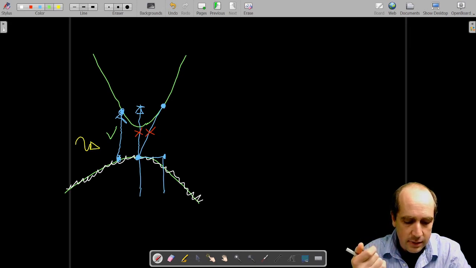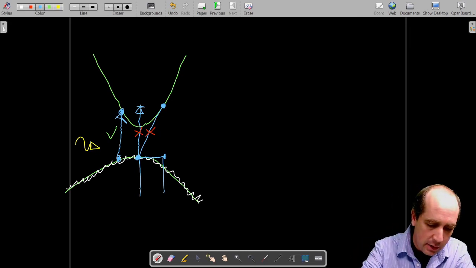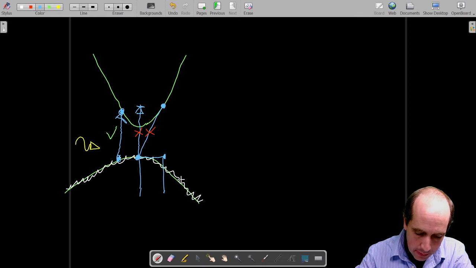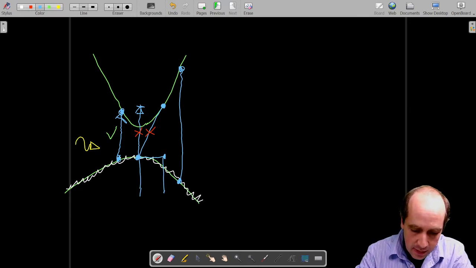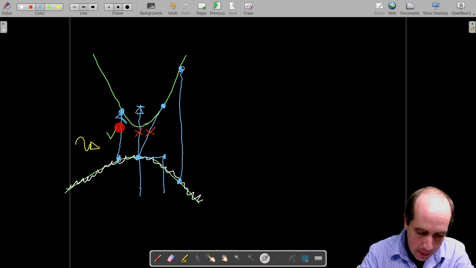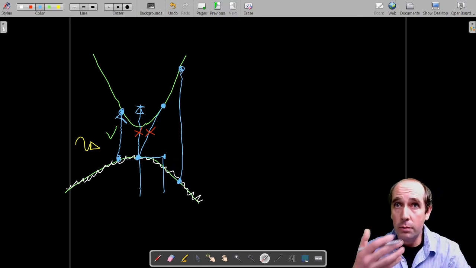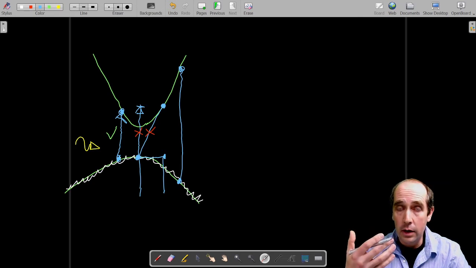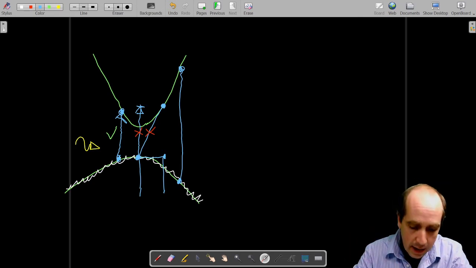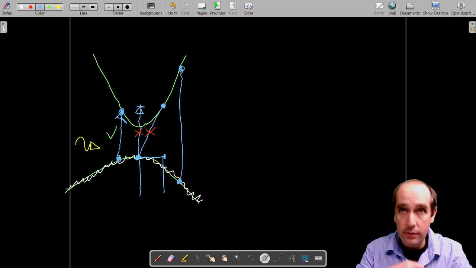If the photon has even more energy, maybe it can promote this electron over here into this state over here. But the thing is, all optically related transitions, the transitions that involve the absorption or emission of a photon, have to be vertical in this band structure.